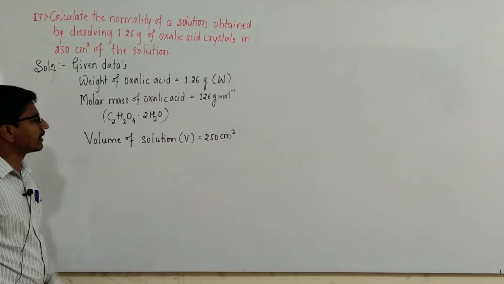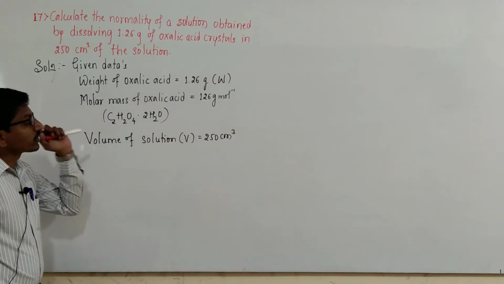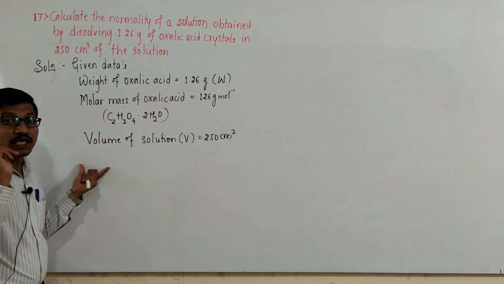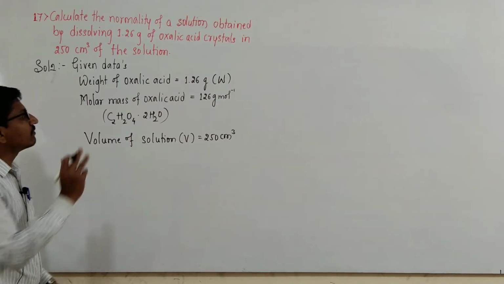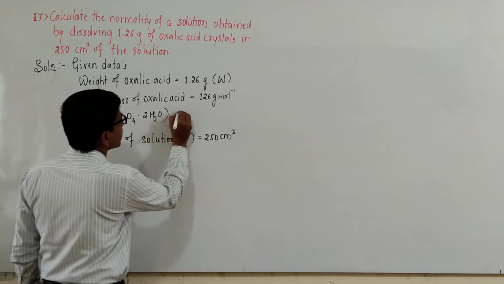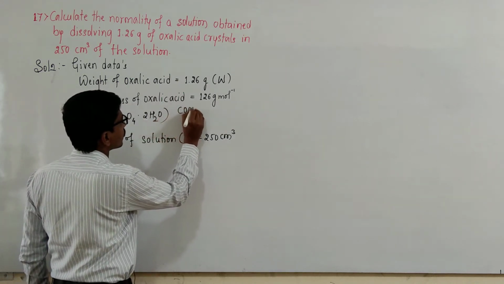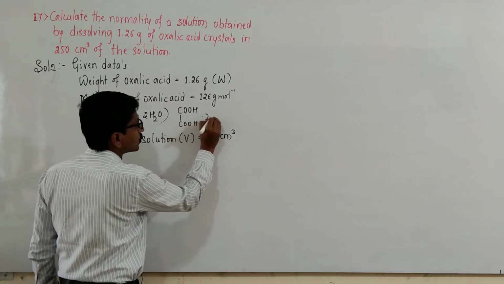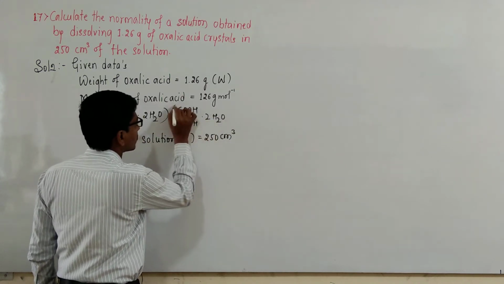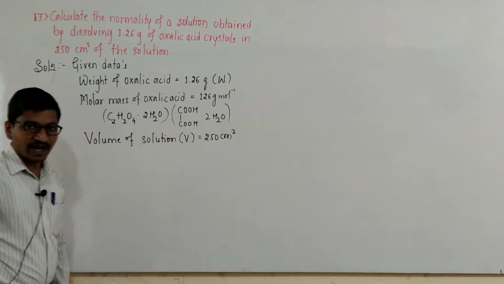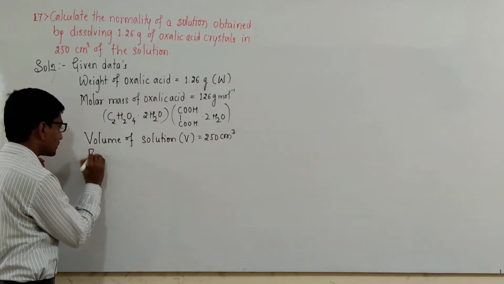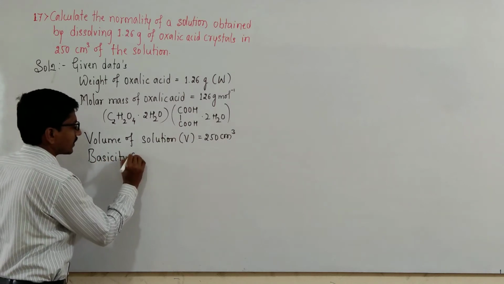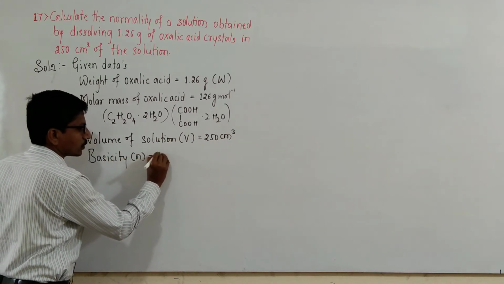These are the given data, and for the calculation of normality we need the equivalent weight, and this oxalic acid is a dibasic acid. Its formula is (COOH)2.2H2O. This is the oxalic acid and it is a dibasic acid, and basicity, that is n, is equal to 2.